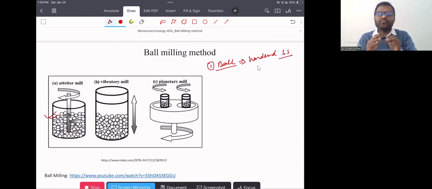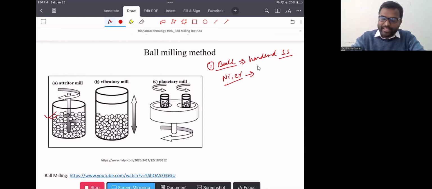Suppose you have a really hard material, and you want to make it from bulk material into nanomaterial, for example nickel or chromium. Since these are very hard materials, in this particular case we can use zirconium oxide based material, because it is very hard.